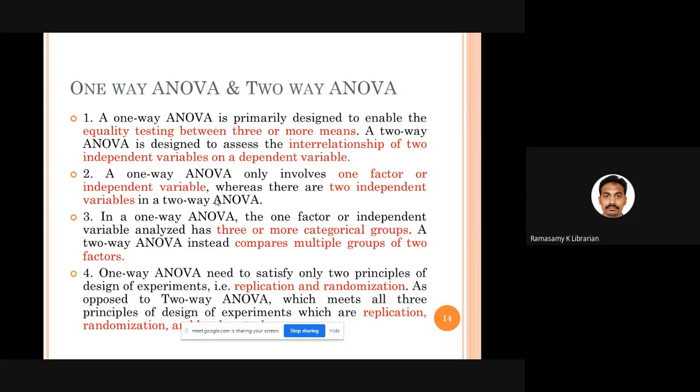Then comes one-way ANOVA and two-way ANOVA. So please understand, the ANOVA test is conducted whenever you want to compare more than 2 means, 3 means or more than 3 means. For example, you have 3 groups of students: UG students, PG students, and research scholars. And you go and find out the amount they spend in a month.